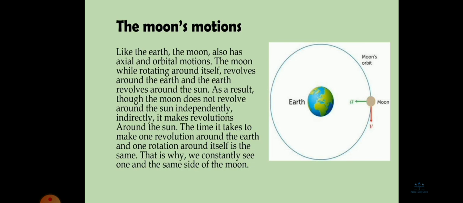As a result, though the moon does not revolve around the sun independently, indirectly it makes its revolutions around the sun. The time it takes to make one revolution around the earth and one rotation around itself is the same. That is why we constantly see one and the same side of the moon.